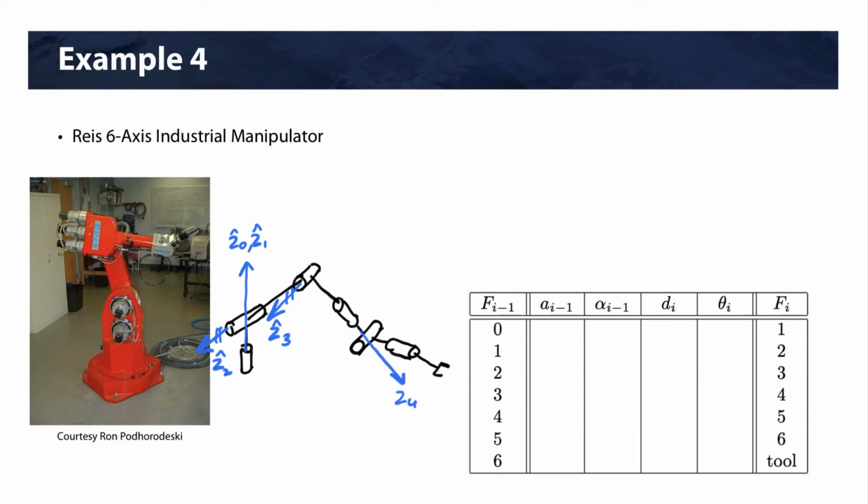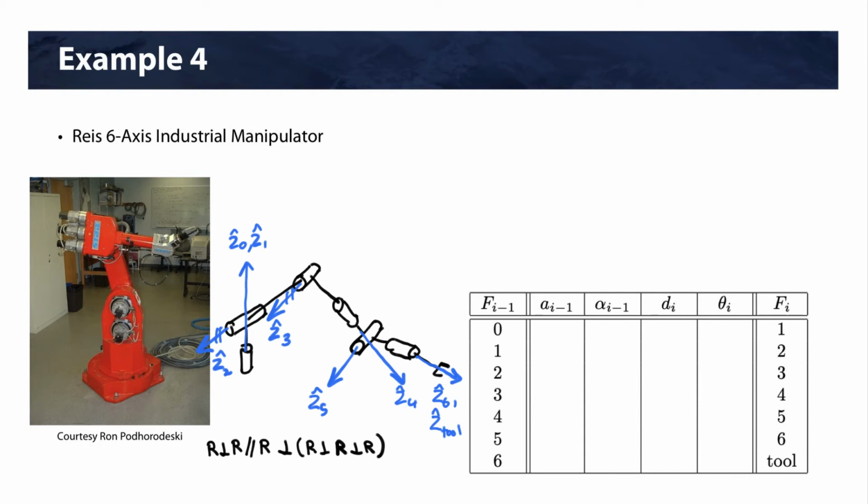We have Z4, Z5, Z6, which is also Z tool. So this layout, if we were to write it out, is an R, perpendicular R, parallel R, perpendicular R, perpendicular R, and perpendicular R.